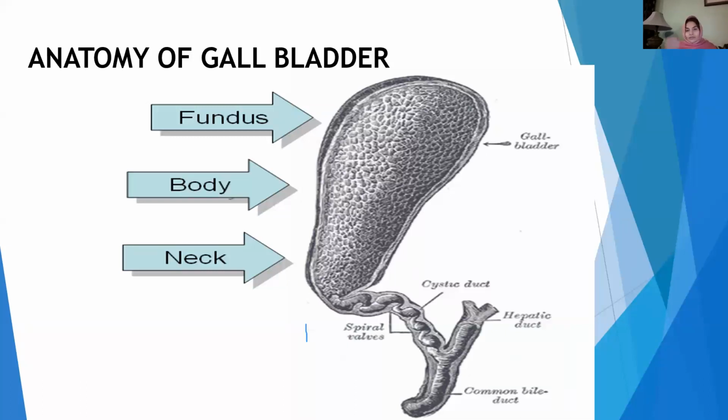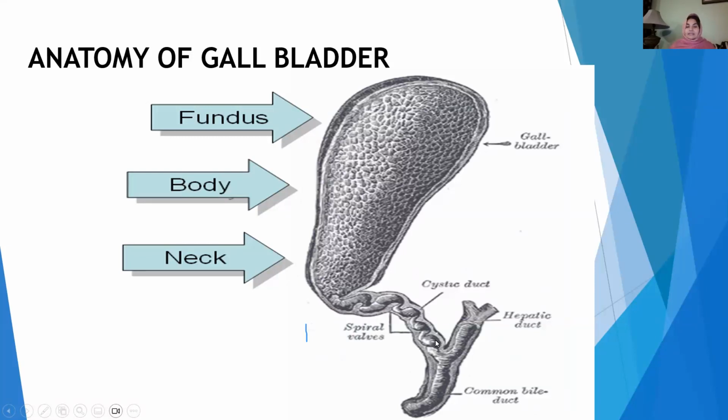So I'll quickly go through a recap from the initial years of MBBS, the anatomy. You can appreciate that if we isolate the gallbladder and see it in isolation, it has a fundus, then the body, and the neck.